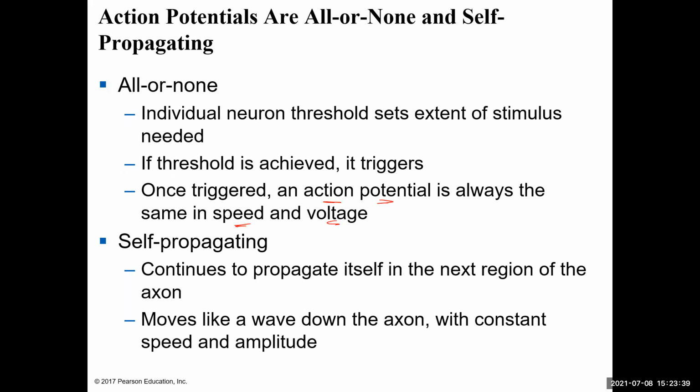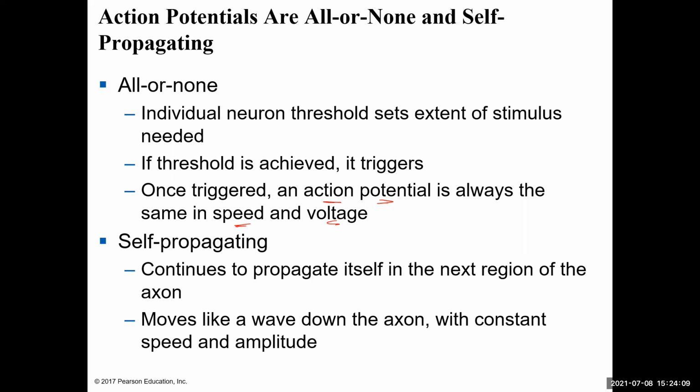We'll talk about when neurons can have different speeds and strength of action potentials, and that's based off of the size and the diameter of the neurons. But the big thing here is that it's all or none, and once it's triggered, it's always the same speed and voltage in the similar neuron.